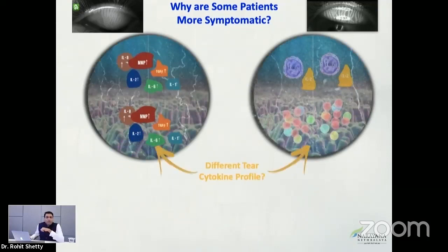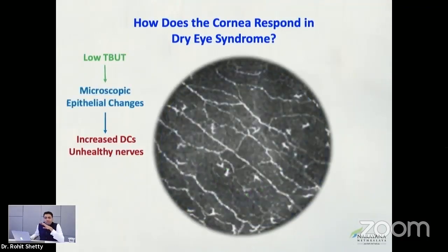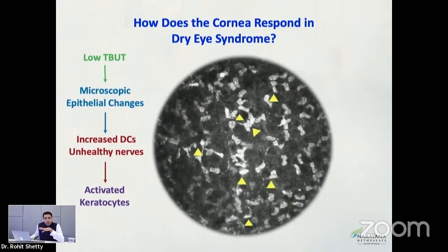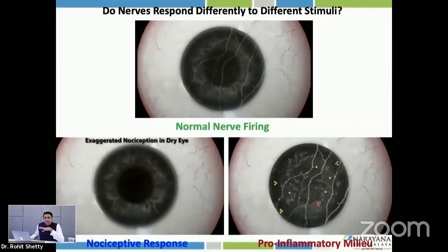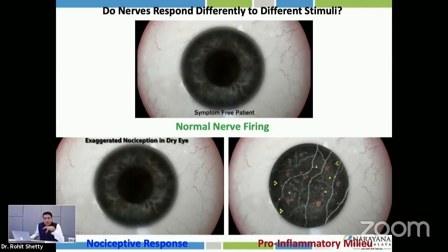And each one would have a different cytokine profile. So if you're looking at a low T-BUT, decreased nerves, changes in your nerve factors, the keratocytes which are there get activated, and all of them are linked to how the nerve starts firing. These factors, what I just mentioned, look complicated. I understand that it takes a little time to understand all this.